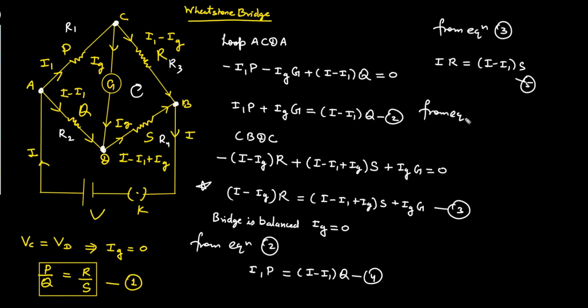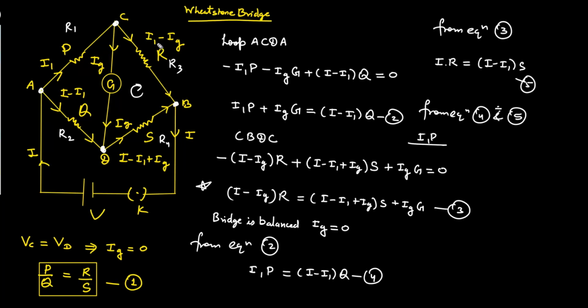Now from equation number 4 and equation number 5, we will simply divide the two equations. So I1P divided by I1R.